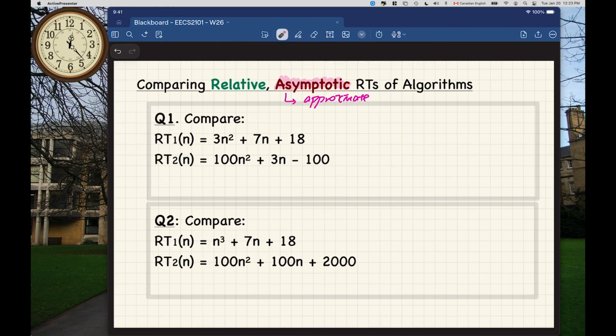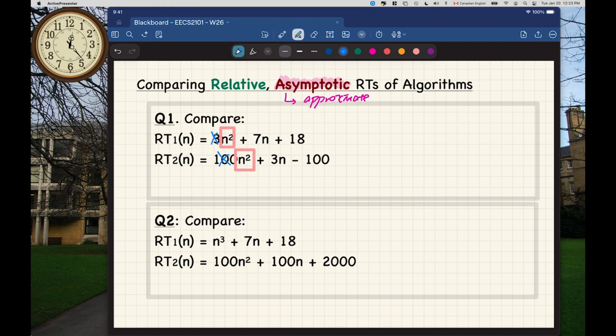RT1, highest term, n squared. RT2, also n squared. Once we have identified them, everything else can just be disregarded.